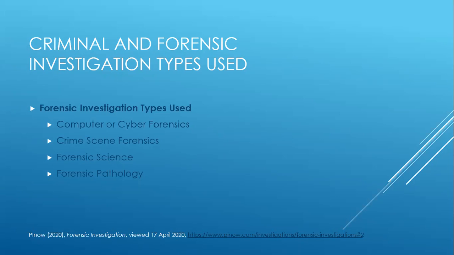Crime scene forensics is the documenting and gathering of physical evidence found at the crime scene, with the purpose of solving whether a crime has occurred or not. It includes the analysis of all the investigators involved in that process to collect all the evidence to ensure that it is good and relevant evidence.